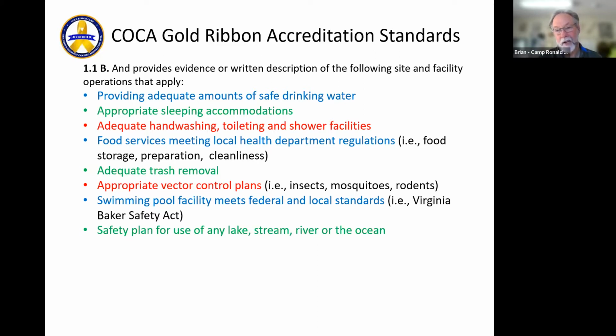And also, depending on the parts of your country where you are, whether or not mosquitoes are an issue, ticks are an issue, what are some of the appropriate plans that you have to respond to that? Is it that you provide insect repellents? Is it that you have someone come through and spray every once in a while? I don't know, but that's just up to you and what you consider appropriate.